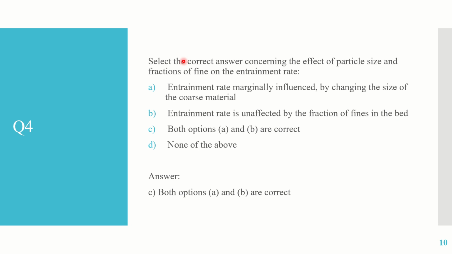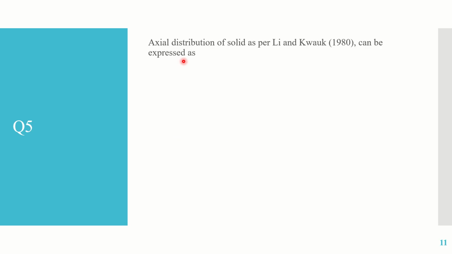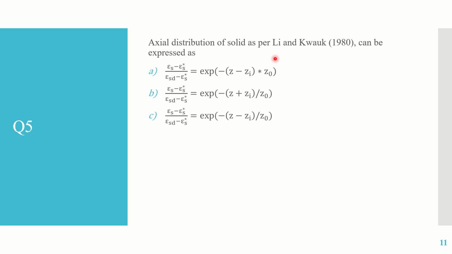We'll go on to question 5. In question 5, it is asked that axial distribution of solid as per Lee and Kwauk can be expressed as: option A, (epsilon s minus epsilon s star) by (epsilon sd minus epsilon s star) is equal to exponential of minus zi into z naught. Option B, the same ratio is equal to exponential of minus (z plus zi) by z naught.